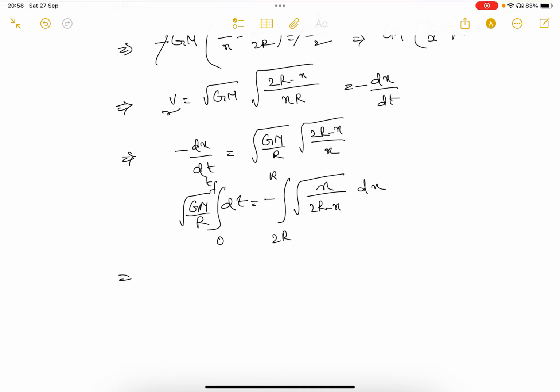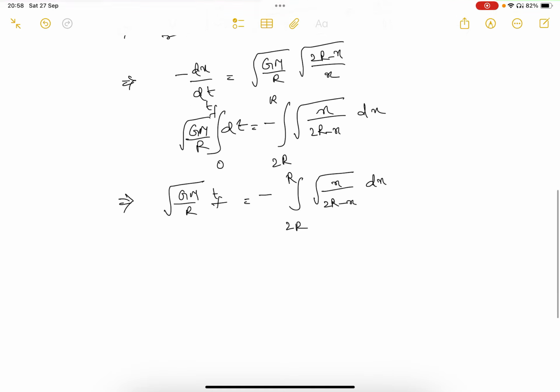So finally, root GM by r into tf equals minus the integral from 2r to r of root of x by 2r minus x into dx.